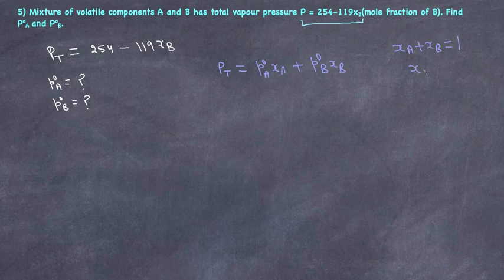So we can say XA is equal to 1 minus XB.